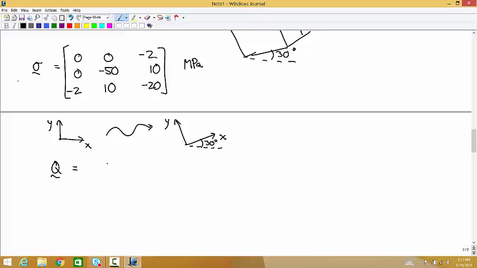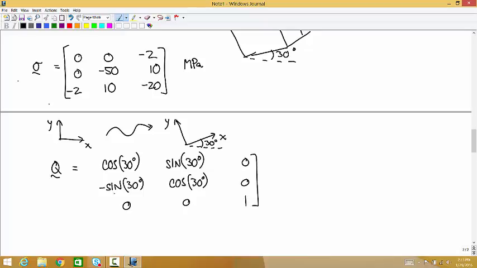So Q is equal to cosine of positive 30, sine of positive 30, 0, negative sine of 30, positive cosine of 30, 0, and then 0, 0, 1. So that's 0.866, negative 0.5, 0, 0.5, 0.866, 0, 0, 0, 1.